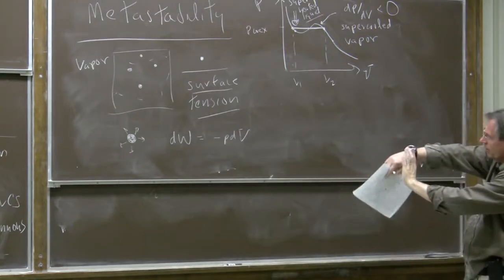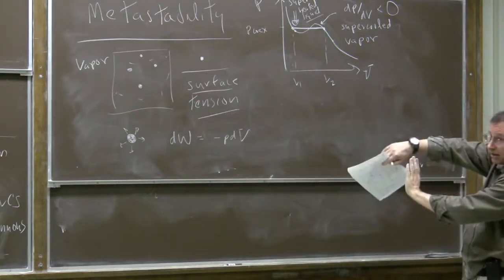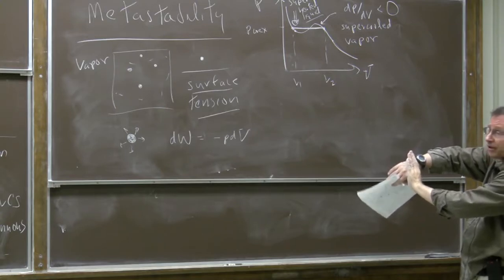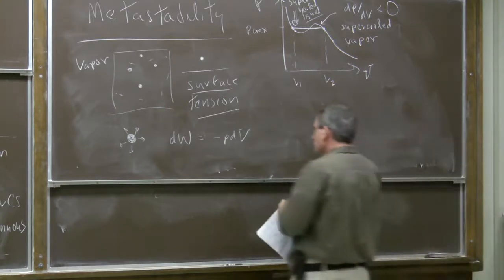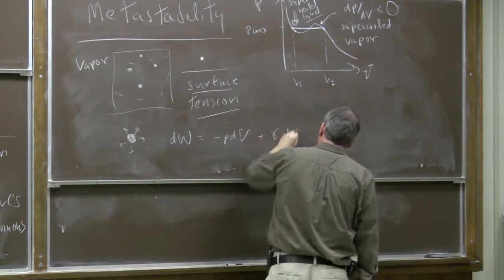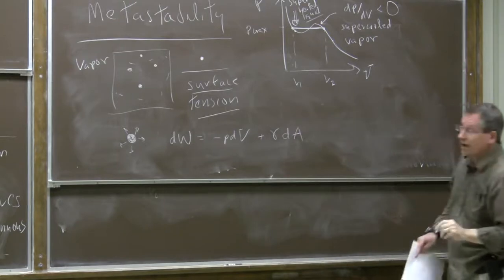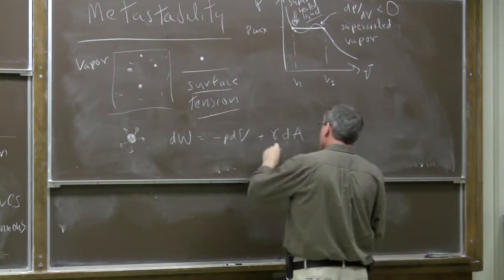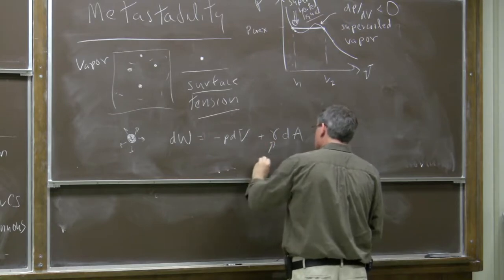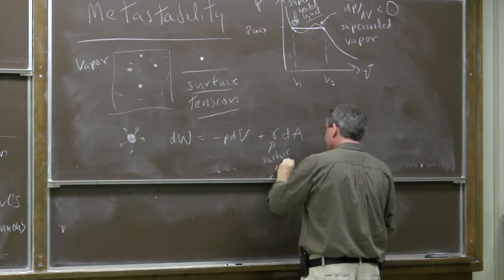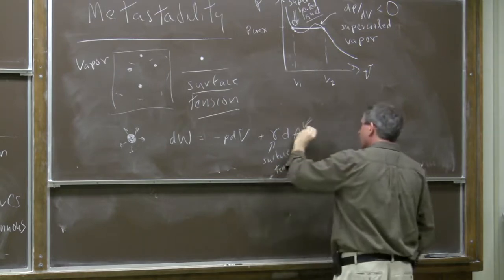It's like a little balloon, and when we expand it, then we have to do work against that tension. We have to stretch the surface. And stretching the surface gives another contribution, which depends on the change in the area of the droplet, to the work done. So I'll call gamma the surface tension. And this is the change in the area.